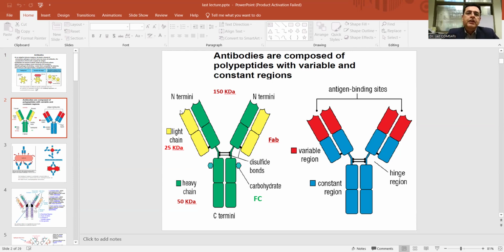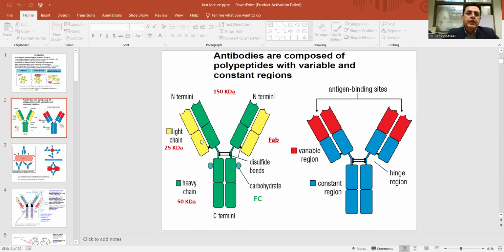In the upper part of the antibody, at the N terminus, every peptide has an N terminus or amino terminus and a carboxy terminus. The carboxy terminus is here towards the Fc part of the antibody, and the N terminus is here towards the variable part of the antibody. So this variable part is for binding of the antigens.